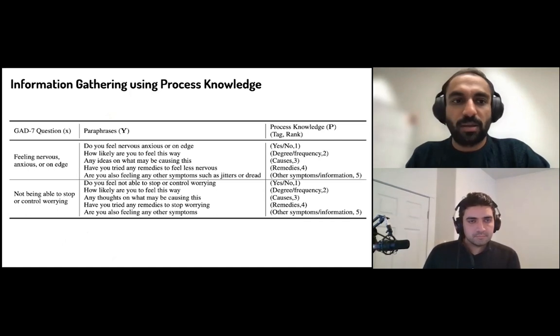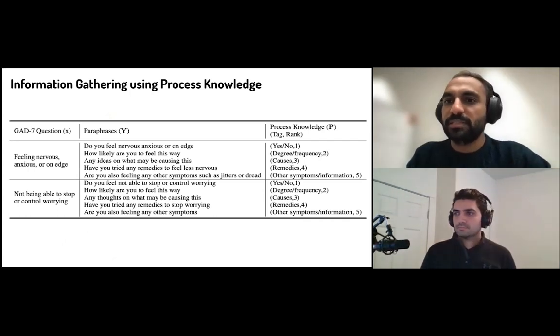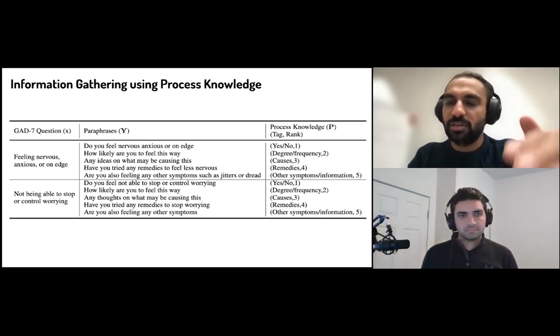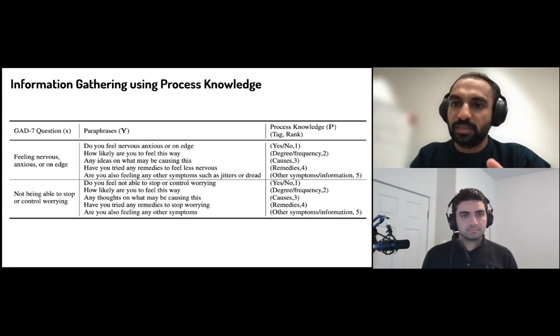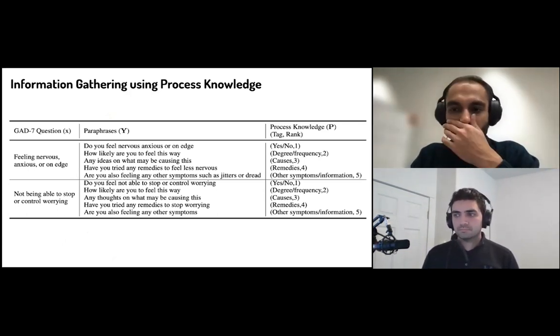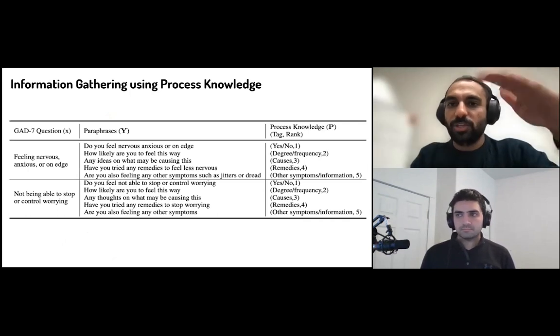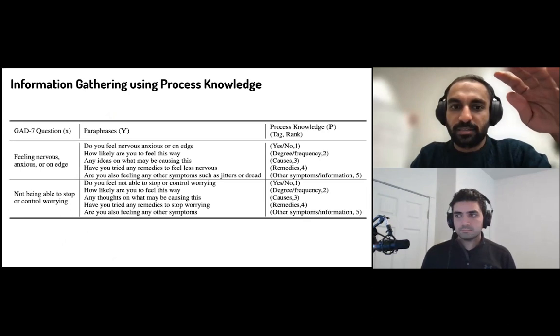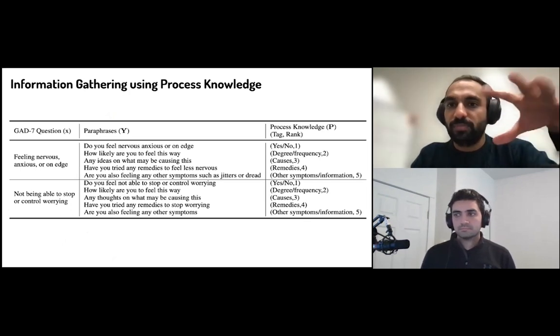The person is talking about feeling nervous, anxious, on the edge, and you form a series of questions. You go with yes and no, whether he's actually having that condition, what the degree of frequency is, then causes, then remedies, and so on and so forth. So if you have this structure, then your question generation process or the annotation process becomes more streamlined.